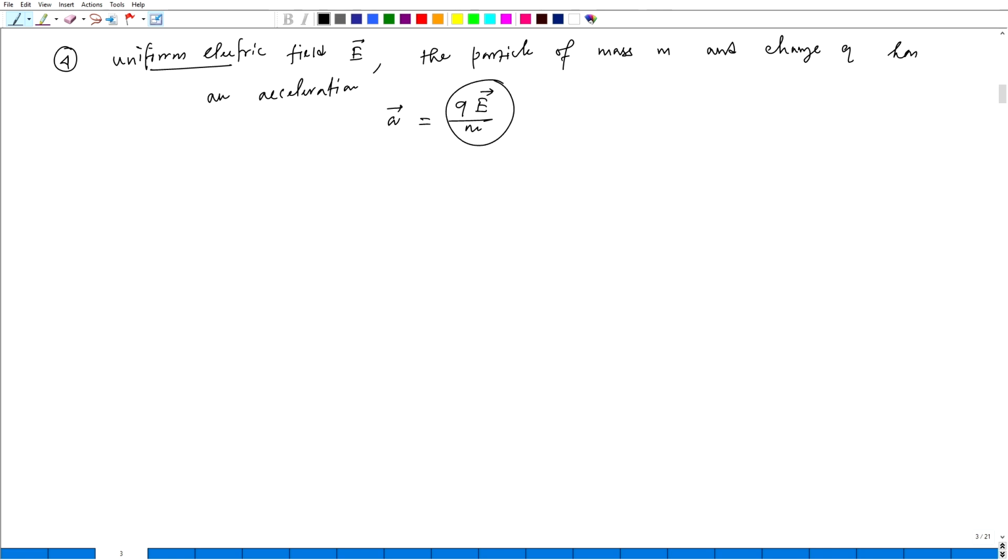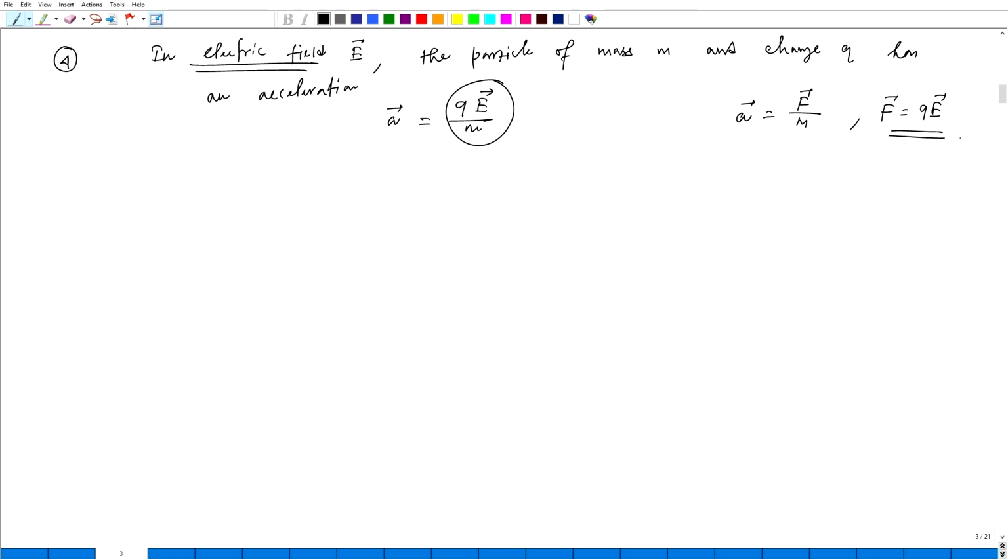Here we consider a uniform field, but it may not be uniform. For any electric field, basically the a vector is F vector over m, and we know that the F vector is q times E vector. So here E can be uniform or non-uniform. This holds for any type of electric field.